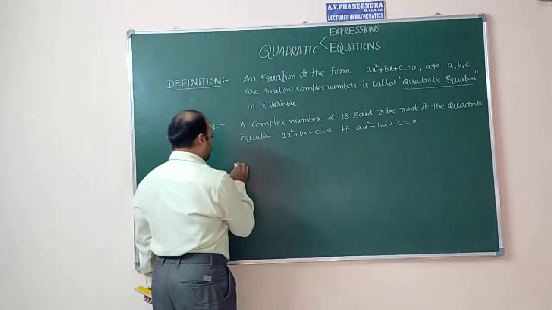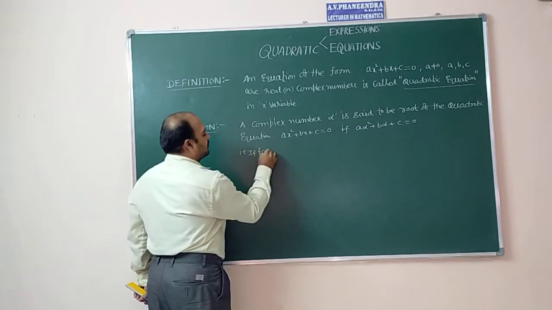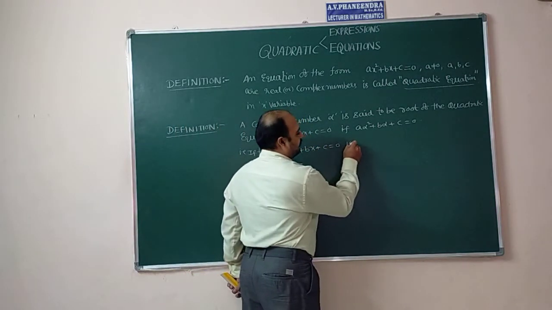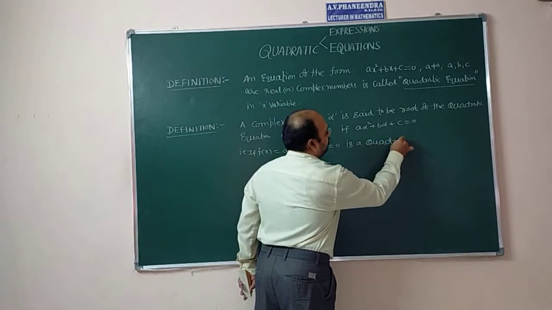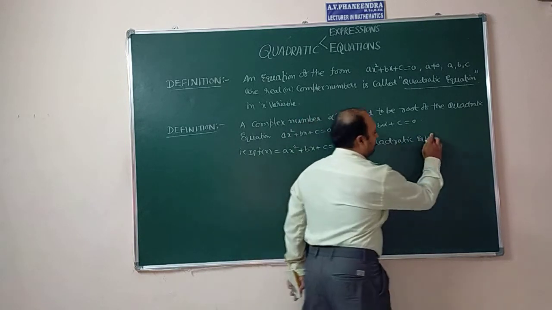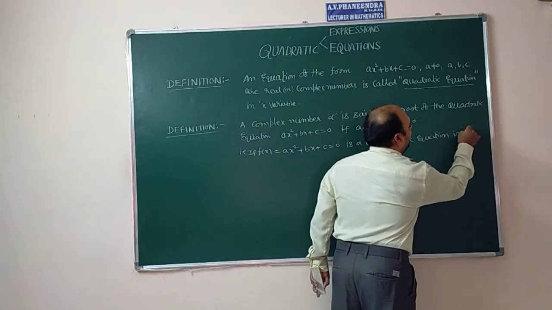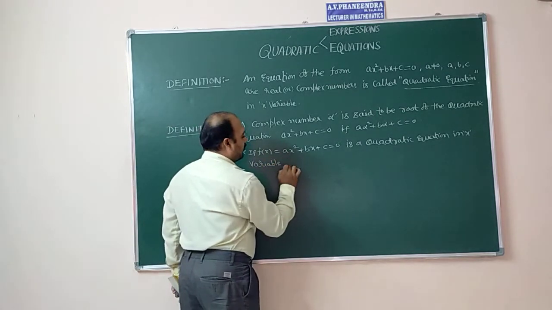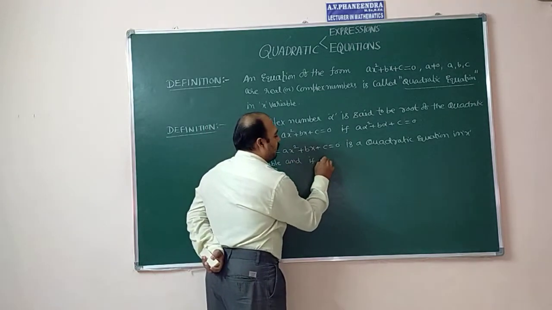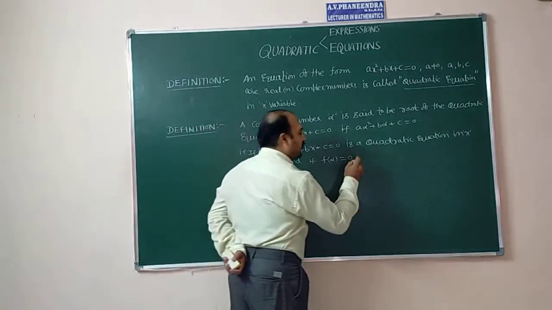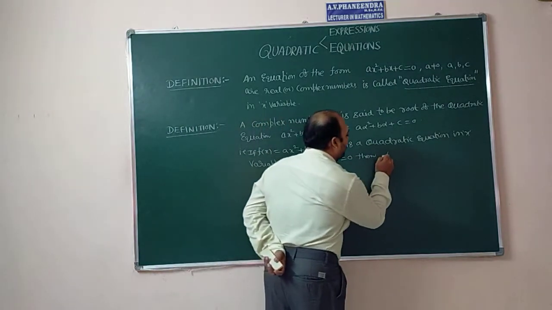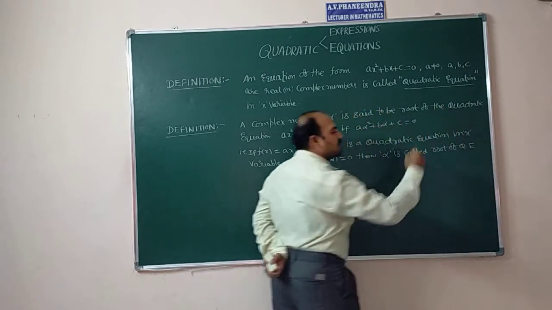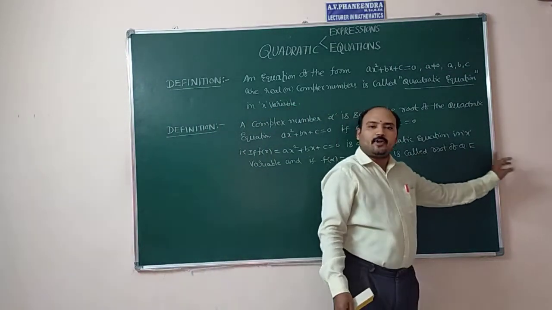In other terms, if f of x equal to ax square plus bx plus c equal to 0 is a quadratic equation in x variable, and if f of alpha equal to 0, then alpha is called a root of the quadratic equation.